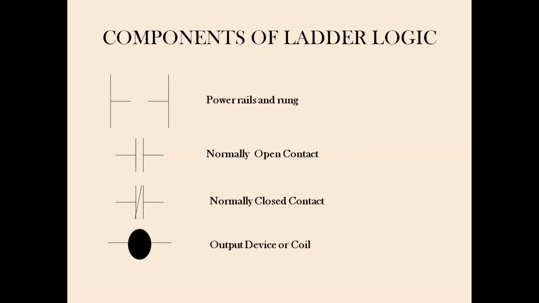So generally, come to normally open contact first. It is like a normal switch in our home. If you turn on, your light or fan will be on. If you turn off, your light or fan will be off. The corresponding switch of light and the corresponding switch of fan you need to turn on a lamp or fan.